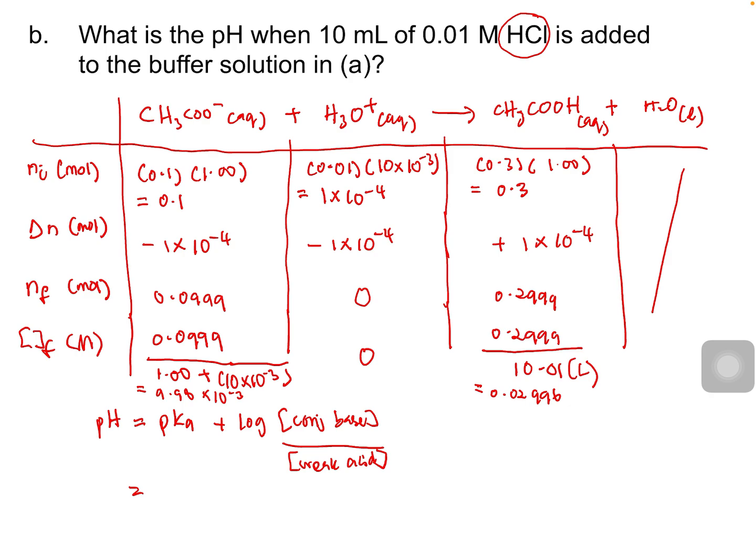So pKa negative log Ka. Ka is 1.8 power of 5, negative 5. Conjugate base. Yang ini jangan tertukar.